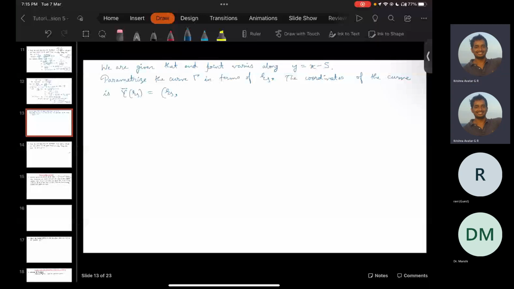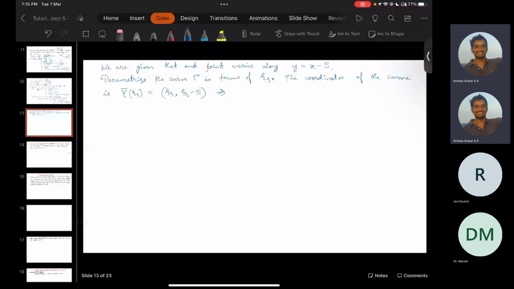This is our parameterization. Then dx by dxi and dy by dxi is nothing but 1 comma 1, because when we differentiate both with respect to xi, it leads to 1 and 1.